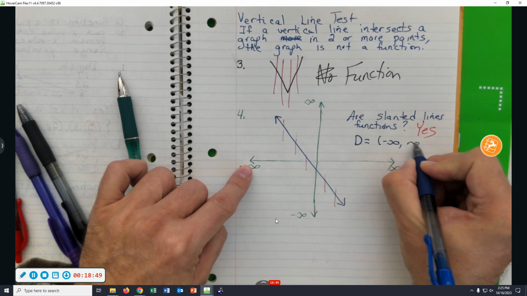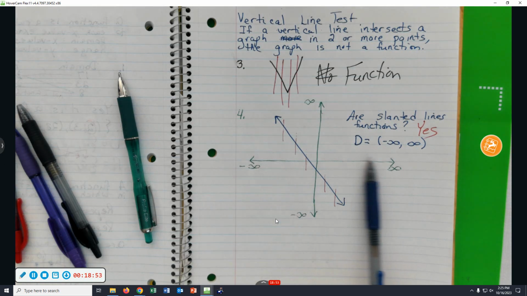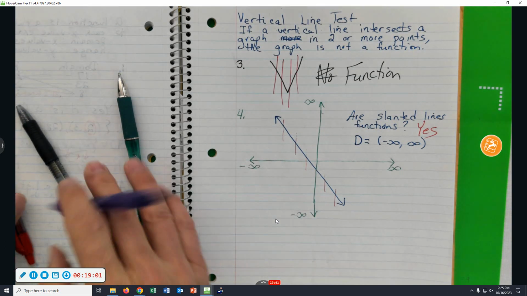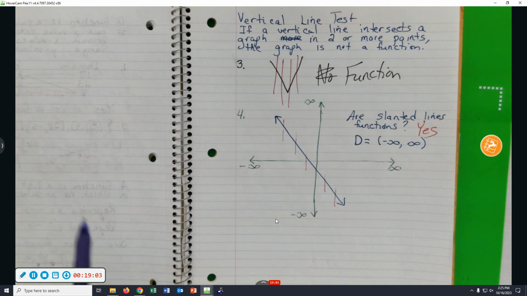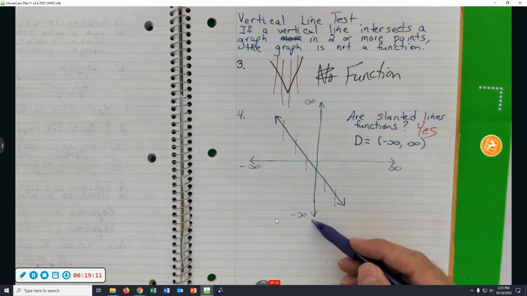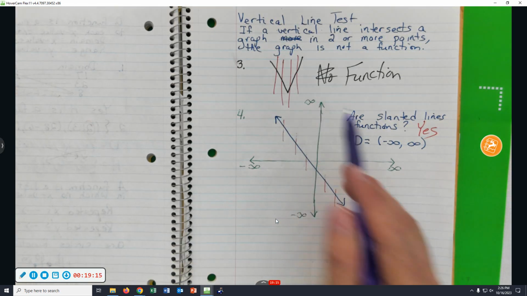Any real number will be used as an x value on that line, because it's going to keep going left and right forever. What about the range? Apply that same logic, but instead of left and right, it's going to be up and down. Will this go all the way down to negative infinity and up to positive infinity?